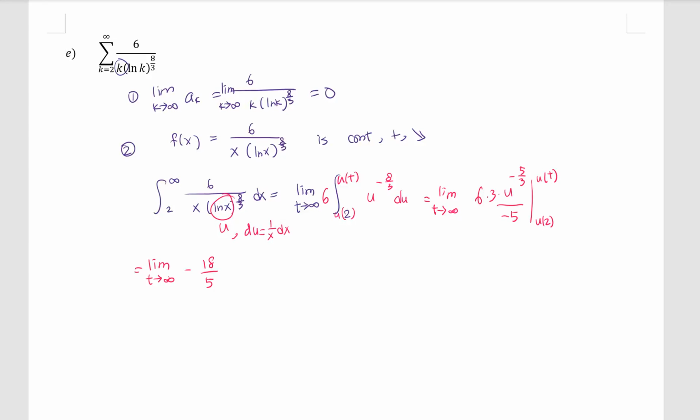And the exponent is negative, so it leaves in the denominator. Now we get the x back. We can plug in 2 and t. We plug in t first, and minus minus becomes plus. We plug in 2.